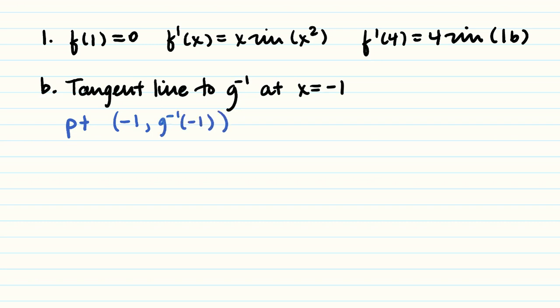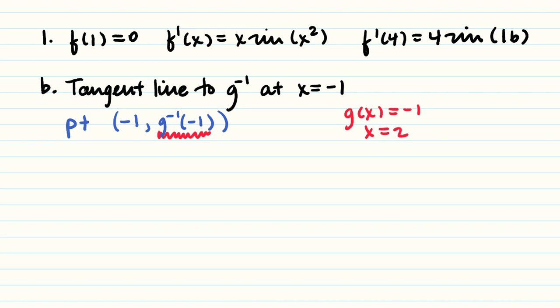Okay. And, you know, my advice in general is if you're trying to compute g inverse of -1, you go over here and you set up an equation to solve. G of x equals -1. And then you're going into the table and you're looking to find out where does g of x equal -1, and that's x equals 2.